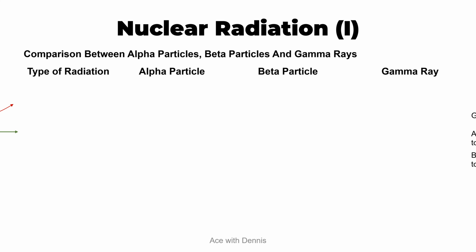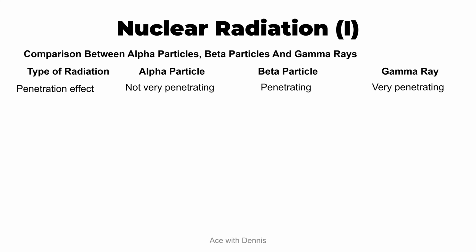Next, we also want to compare the penetration effect. The alpha particle is not very penetrating. The beta particle is penetrating, and the gamma ray is very penetrating. So, what can these radiations be stopped by?